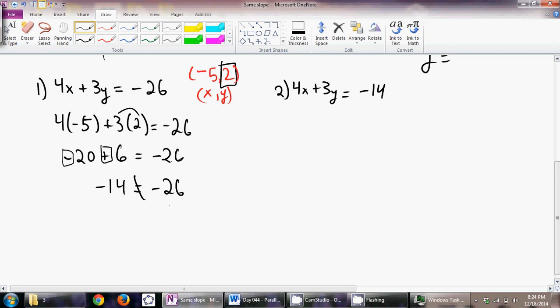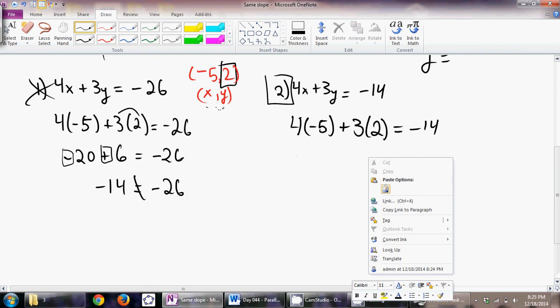I technically could stop here because I've eliminated answer choice 1, and by process of elimination I know answer choice 2 is correct, but for the purposes of proving it to you, I want to show you that when I substitute this point, it will quote-unquote work. So when I substitute in, we'll have 4 times my x, which is minus 5, plus 3 times my y, which equals minus 14.